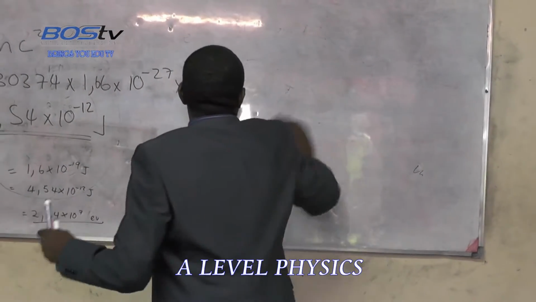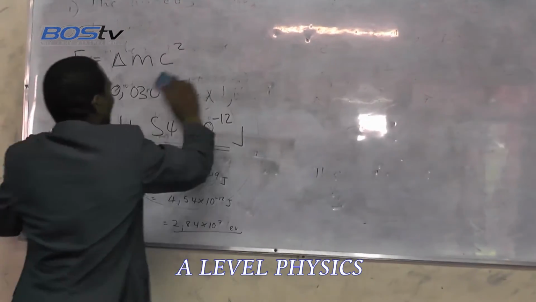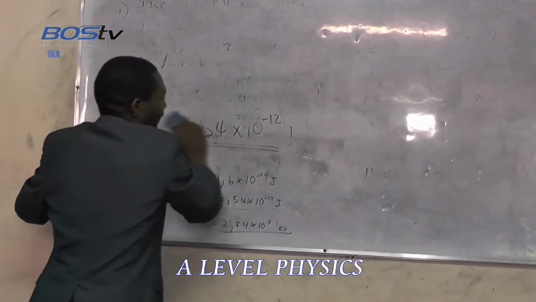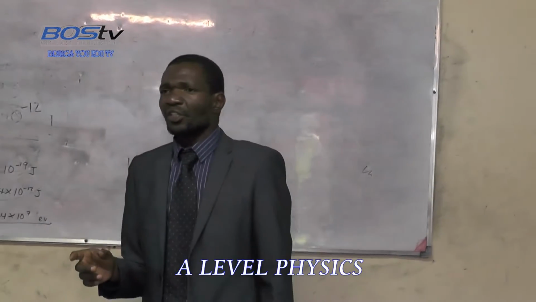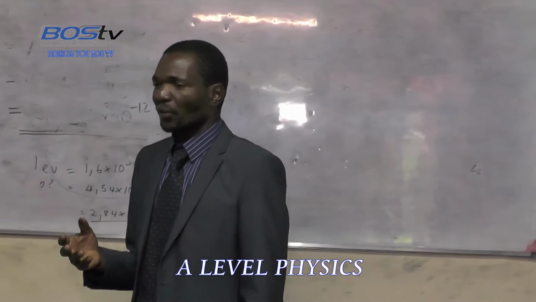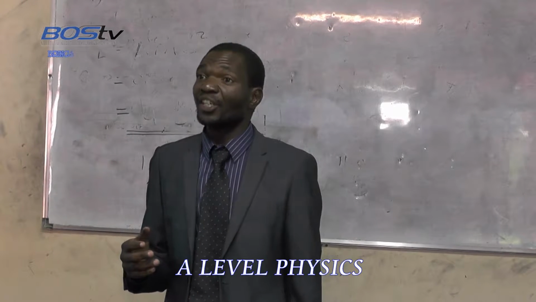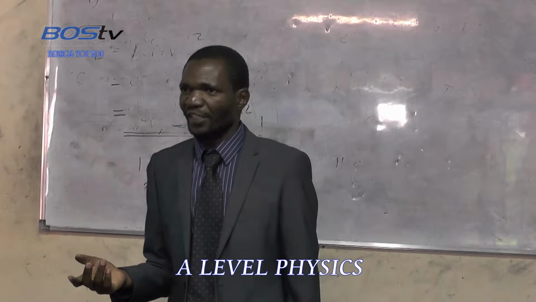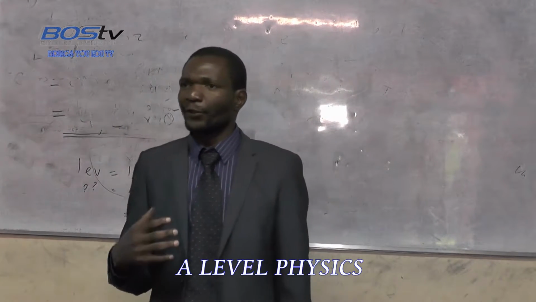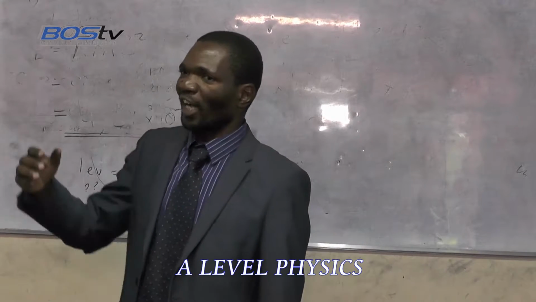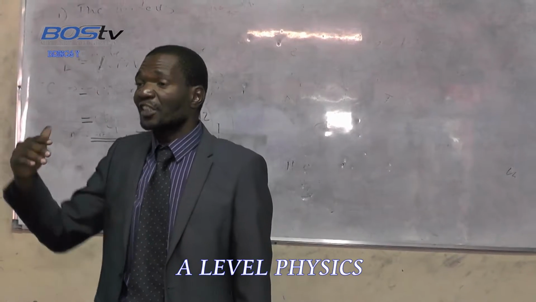Right. The background of binding energy comes from the fact that when reactions or processes take place, they try to go into the lowest energy state possible. Are we together? For example, in gravitational fields, objects tend to go from a high gravitational potential energy to a low gravitational potential energy.